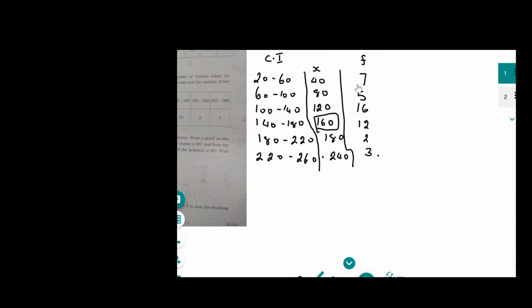Now let us take the assumed mean to be 160. Let us take the next column as di. Di is equal to x minus assumed mean.